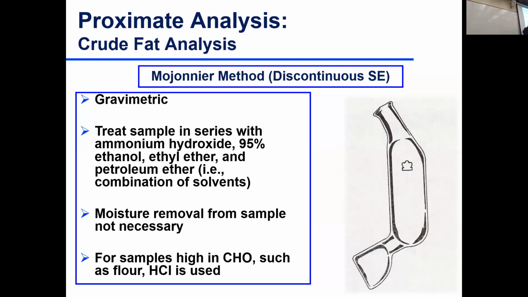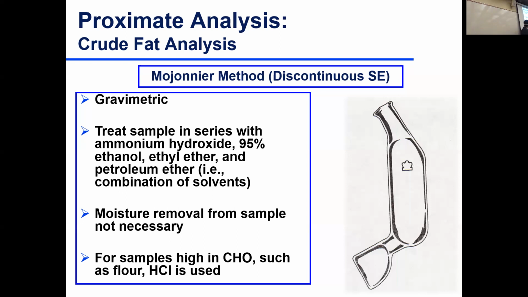And we can afford to do that in Mojo because we use small volumes. I believe it's 25 milliliters of each. Whereas in Soxhlet, if you remember, it was 350 milliliters per one sample. So it's a lot of solvent, and ethyl ether is more expensive than petroleum ether.